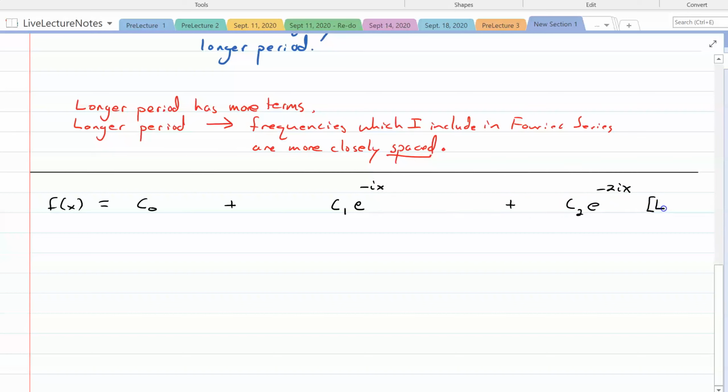This is a Fourier series for a function which has L equal to pi. Okay. So the period of that function is pi over 2. I'm just using the formula for the complex Fourier series.